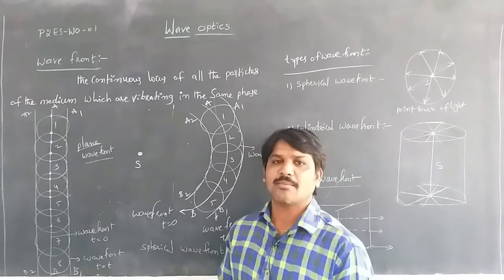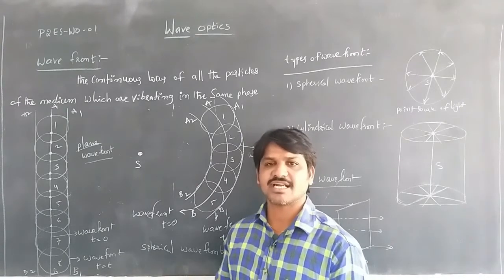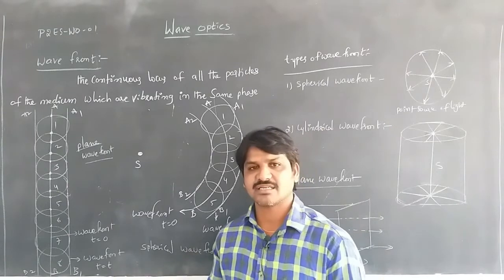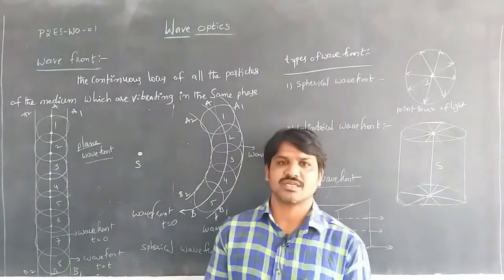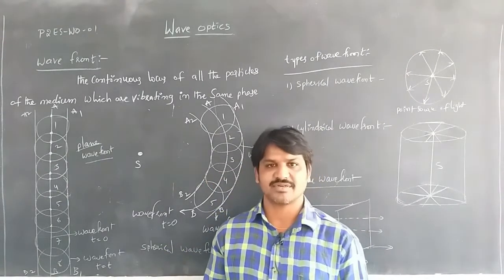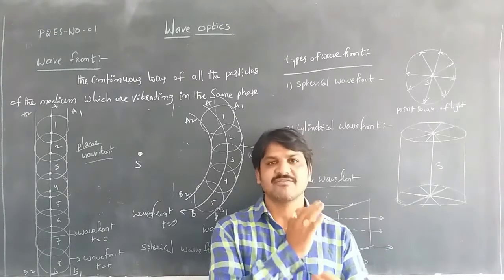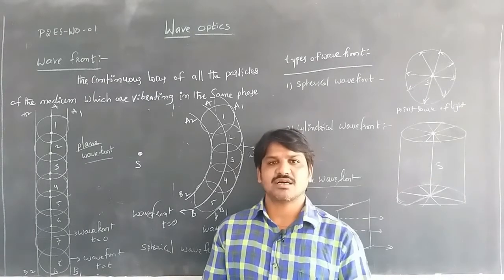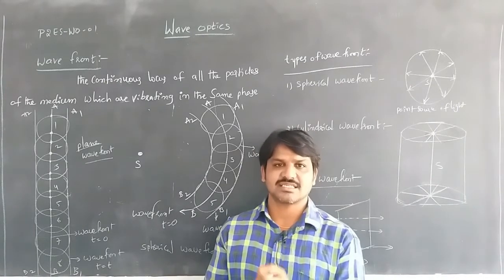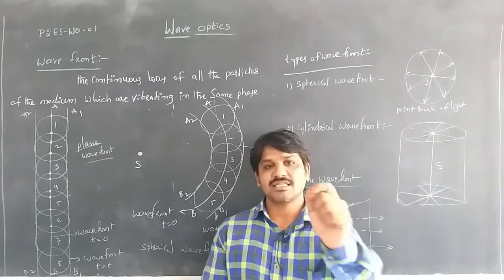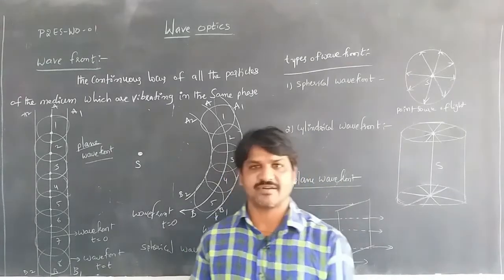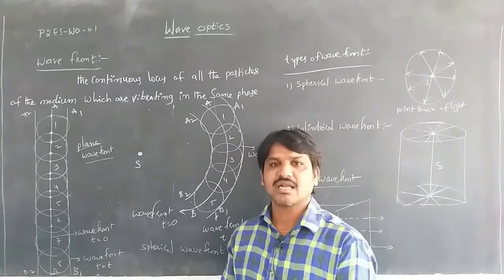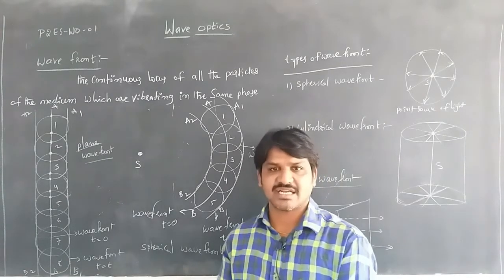The particle nature of light does not satisfy interference and diffraction; it only discussed reflection and refraction, and did not discuss the other properties.